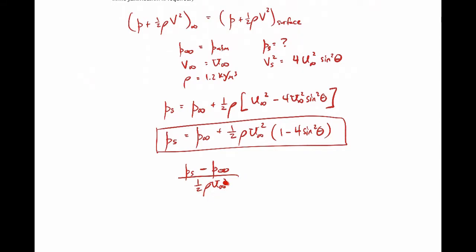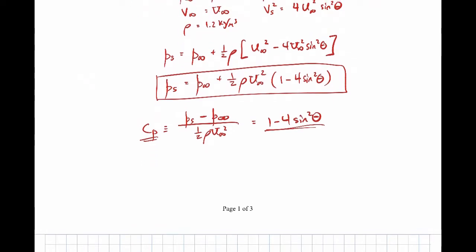The denominator is a dynamic pressure, so it's like pressure over pressure, so that has no units. We call this a pressure coefficient. It's just a dimensionless pressure. And so the pressure coefficient for this particular case is 1 minus 4 sine squared theta. It's just another way to present the pressure distribution over the surface, but this time it's in a dimensionless form.